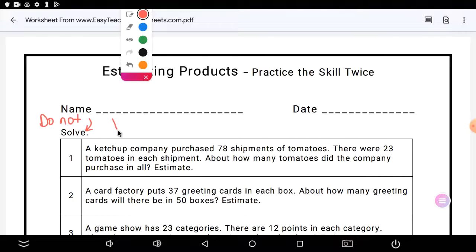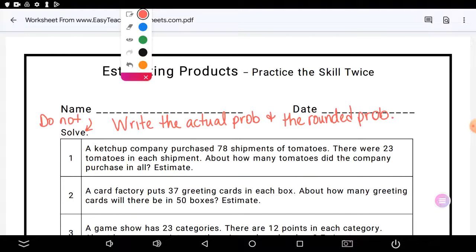You are going to write the actual problem and the rounded problem. Okay? So you do not solve. You are going to write the actual problem and the rounded problem.